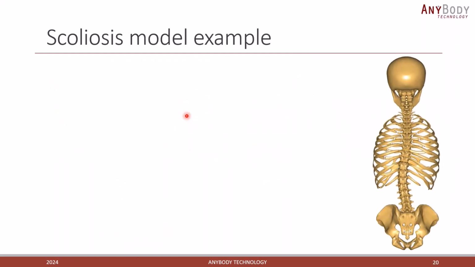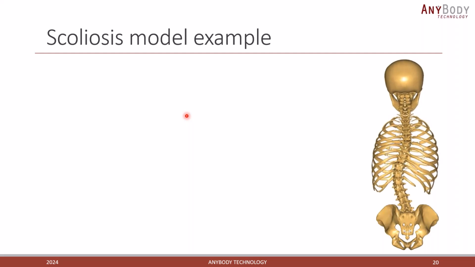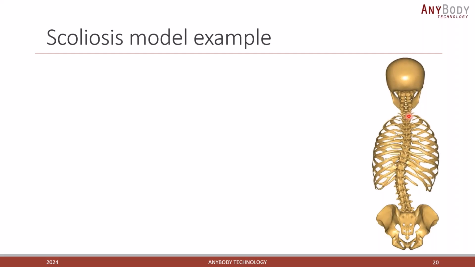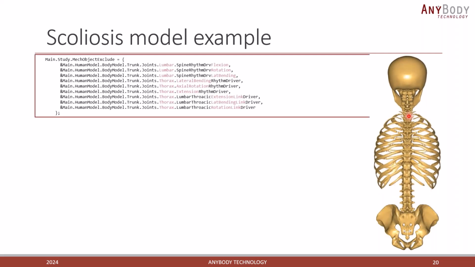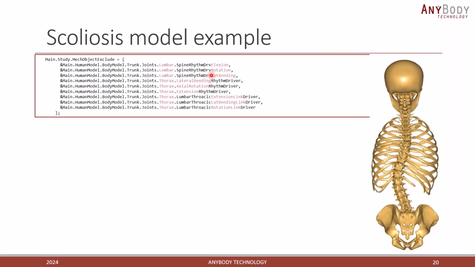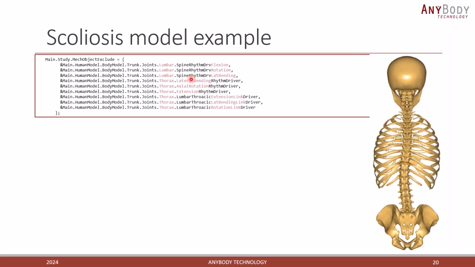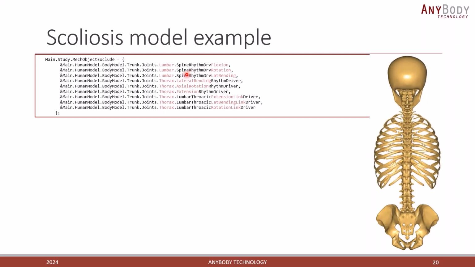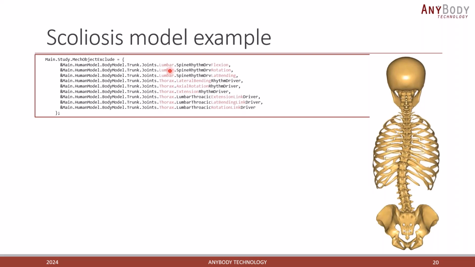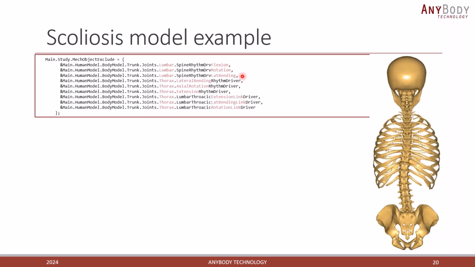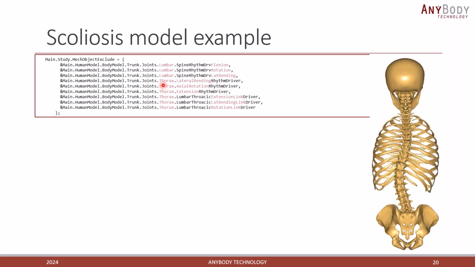So if you want to create a scoliosis model example, you can see that here we can bend the spine like this. What you have to do is exclude the rhythms. This means that you have to go to the lumbar part and exclude the flexion, rotation, and lateral bending, and then do it for the thoracic part.